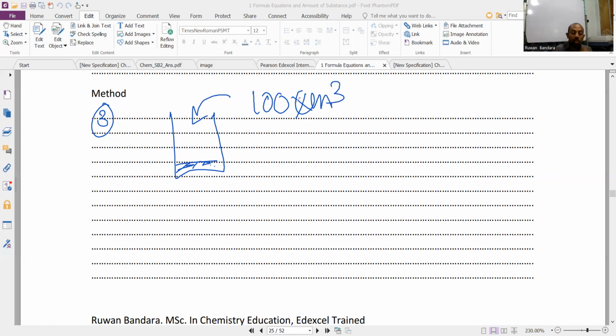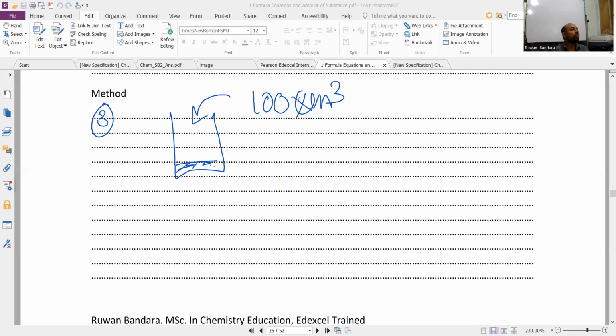Add about 100 cubic centimeters of deionized water to the beaker and stir until all the sulfuric acid has dissolved.